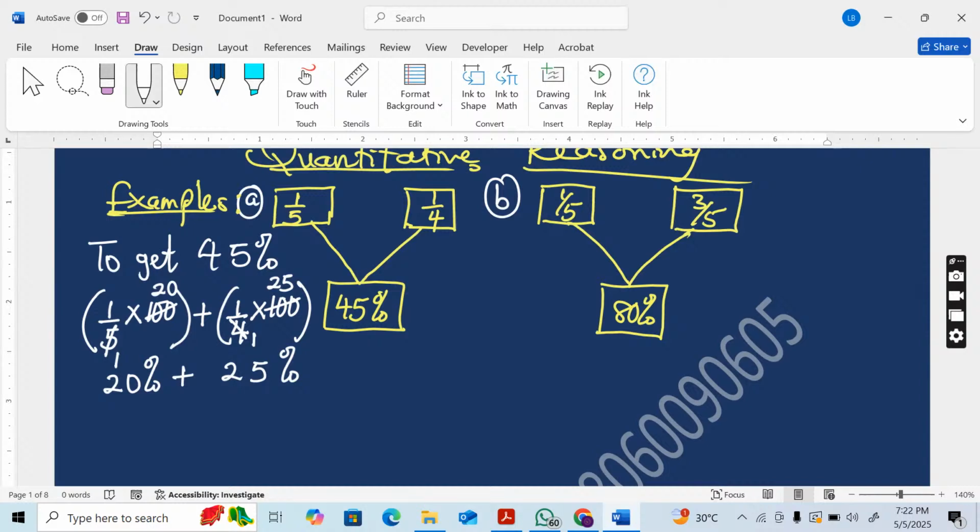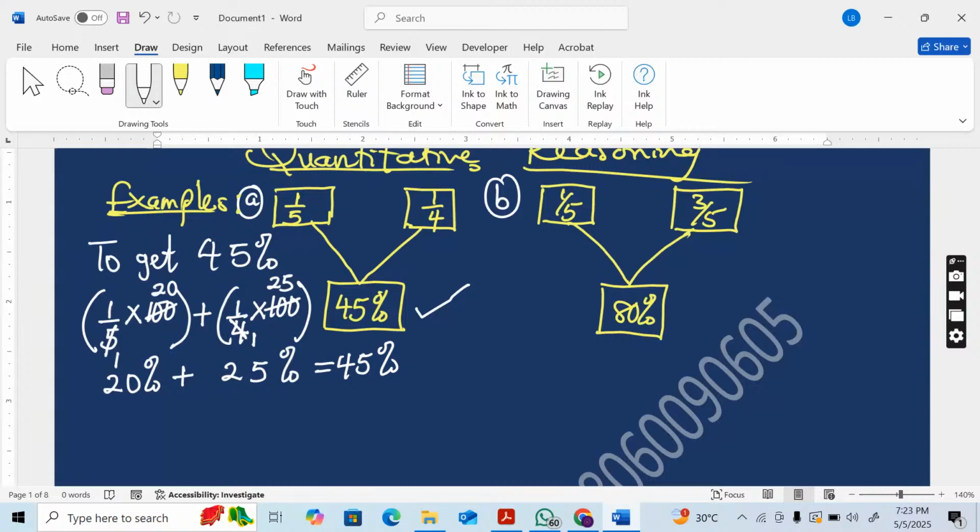So 1/5 changed to percentage is 20%, plus 1/4 changed to percentage is 25%. When you add 20% to 25%, the answer will be equal to 45%. So that was how 45% was gotten.